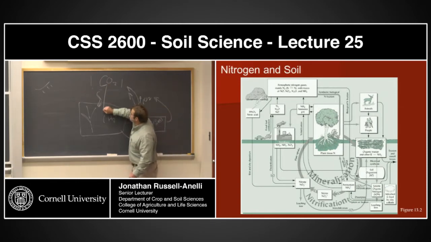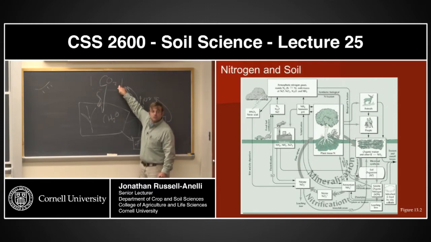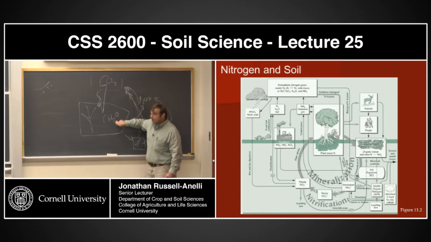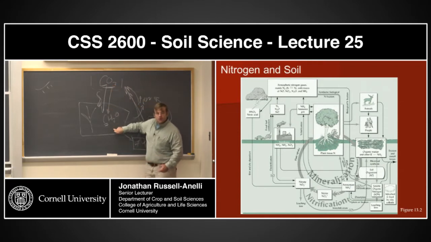This is immobilization. This is mineralization. I'm taking it from this biomass and turning it into CO2. I'm taking it from an organic form and turning it into an inorganic form. That is mineralization. When I take it from an inorganic form and I turn it into an organic form, that's immobilization. Does that make sense to everybody?